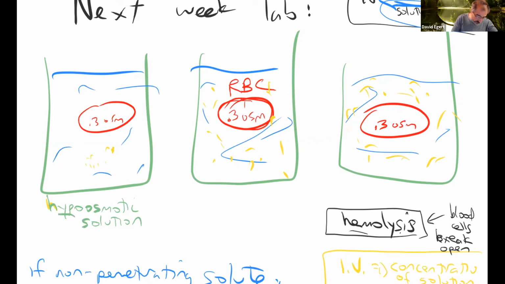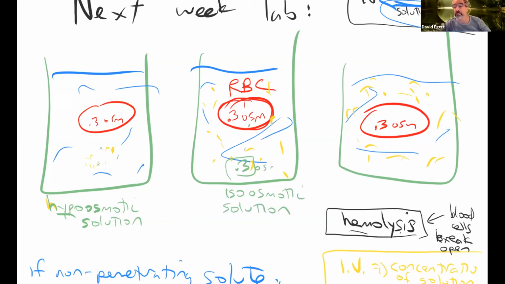So hypoosmotic solution means there's less dissolved outside than there is in the cell. So any osmolarity outside that's less than 0.3 would be hypoosmotic. If it's equal inside and outside, if it's 0.3 outside and 0.3 inside, this is called isoosmotic solution.